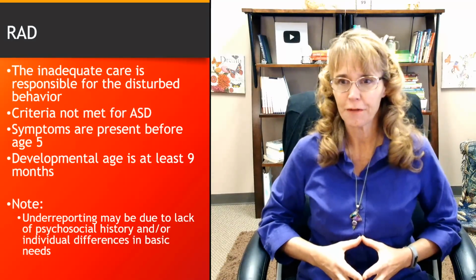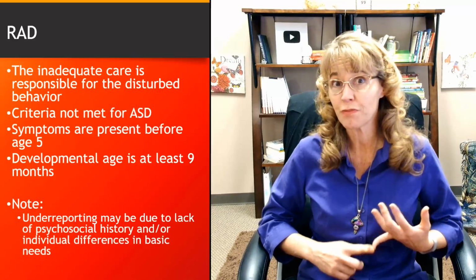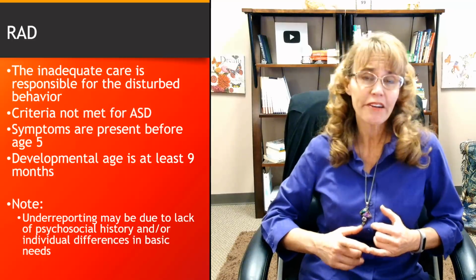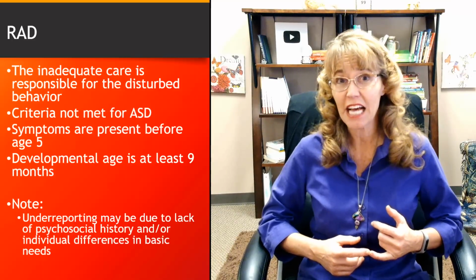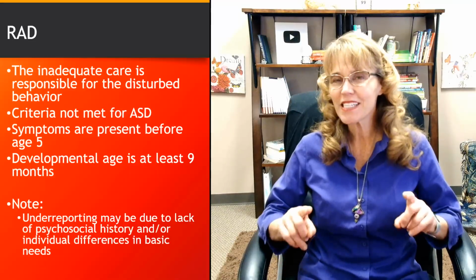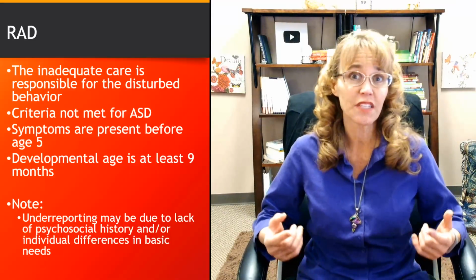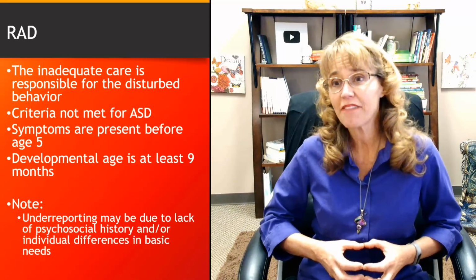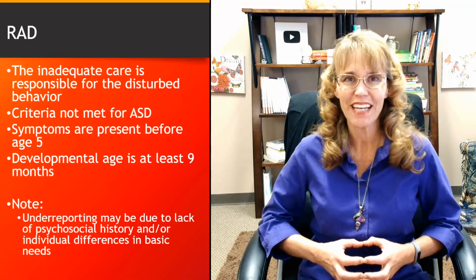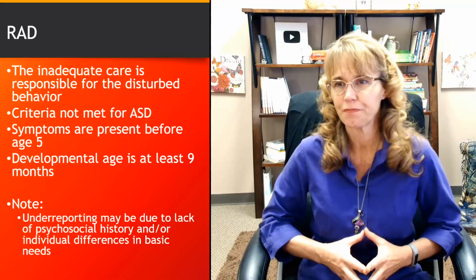precipitated the behavior. The criteria is not met for autism spectrum disorders, and it will be important to differentially diagnose this because there are a lot of similarities between reactive attachment disorder and autism spectrum disorders. However, people with autism spectrum disorders have not experienced that neglectful environment, and they have had potentially opportunities to form meaningful connections, but that has just not been something they've been able to do.